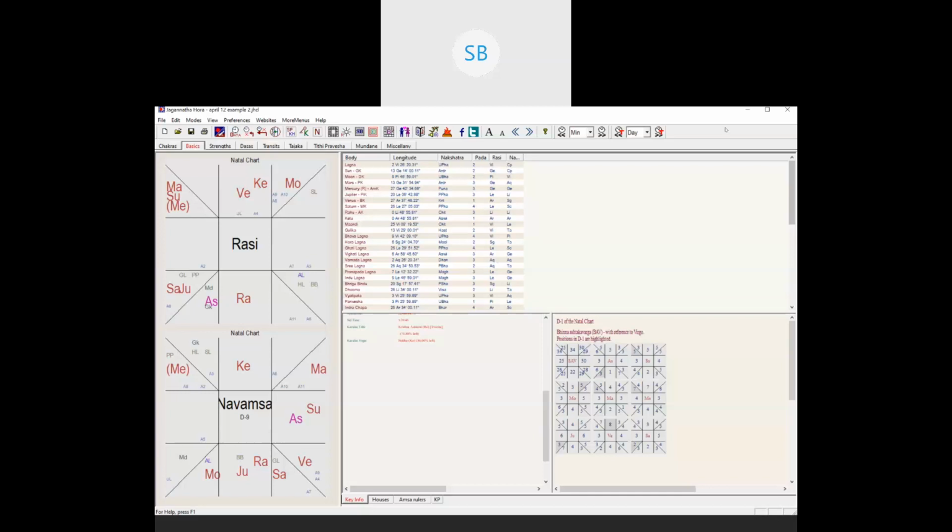Whenever you are analyzing, you first understand which house represents what, then who is the Lord for that house, where that Lord is, and who is looking at that particular house. For example, the second Lord is Venus in the 8th house here. The second house is Tula, and the Lord is Venus sitting in the 8th house.